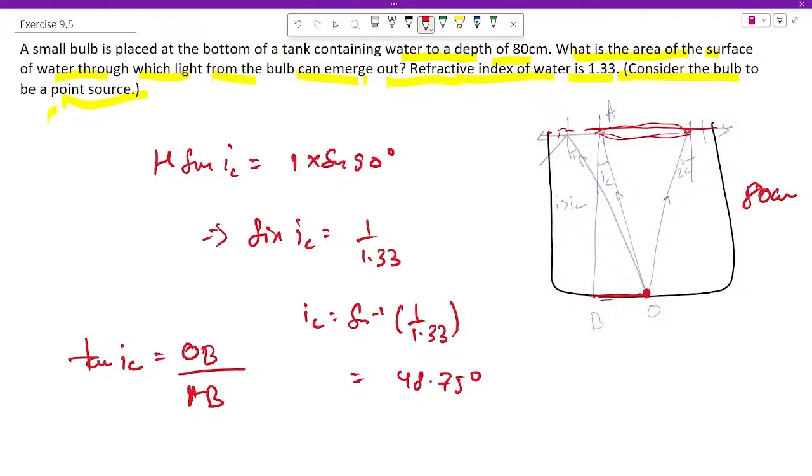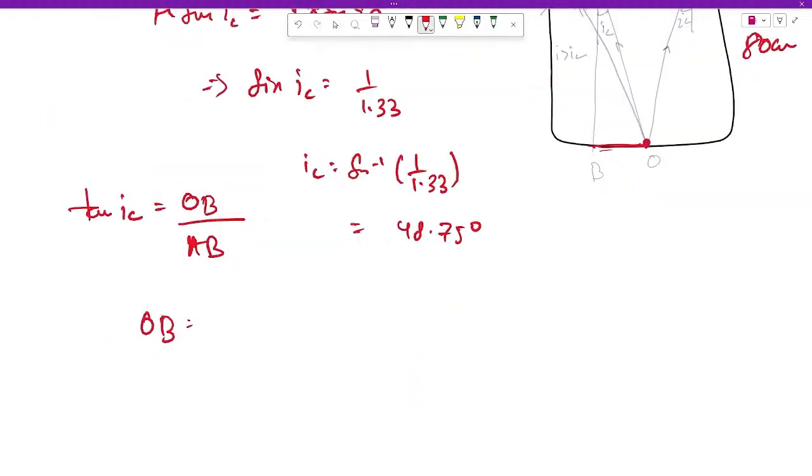We know that AB is the height, that is 80 centimeters, which is given. So OB would be equal to tan of 48.75 degrees multiplied by AB, that is 80 centimeters, which gives us something around 91.2 centimeters, that is the radius of the circle.